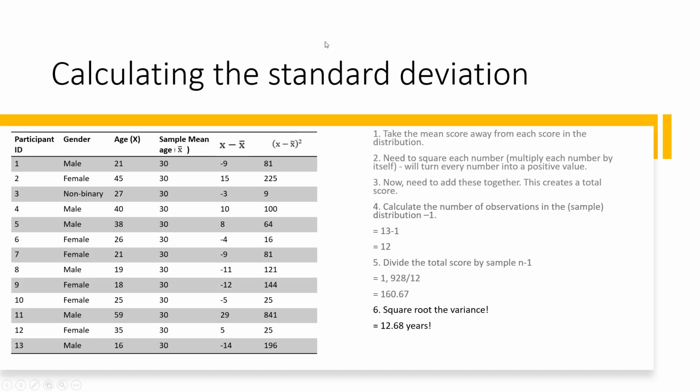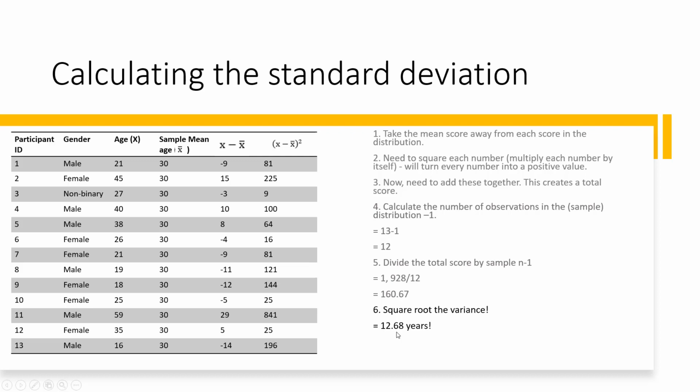So the standard deviation, as I said, is calculated from variance, and you've already done the hard work from the variance perspective. We know that for our sample we had a variance of 160.67. All we have to do at this point is take the square root of that value, which in this case is 12.68.